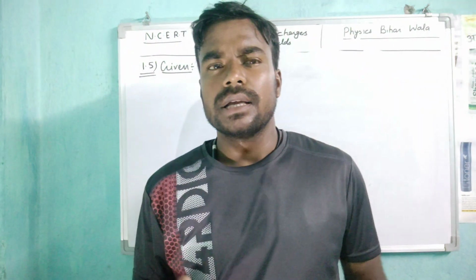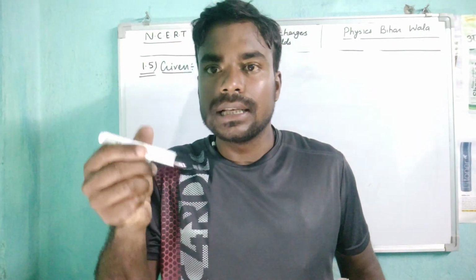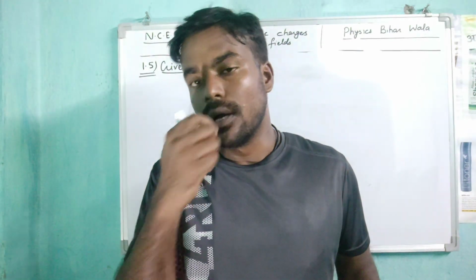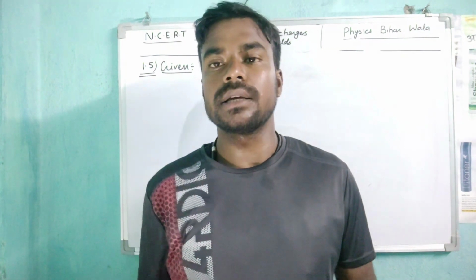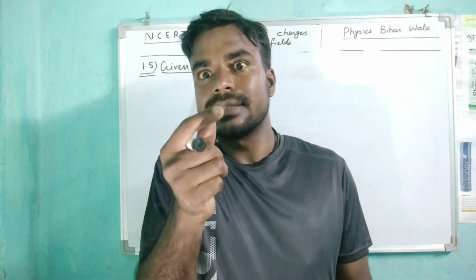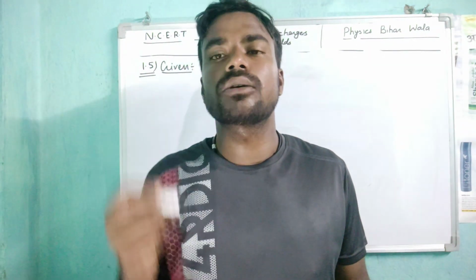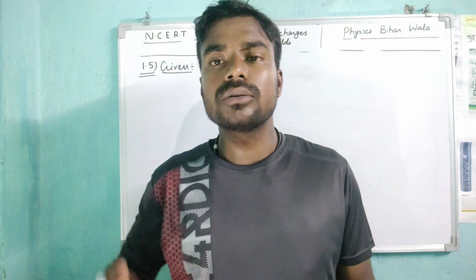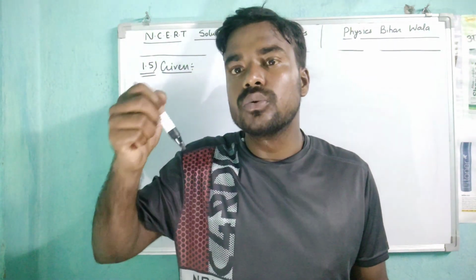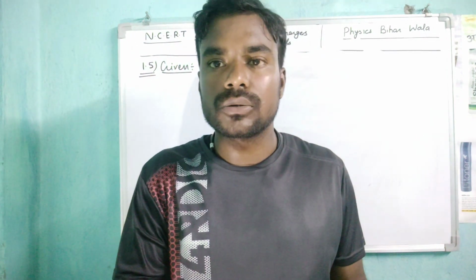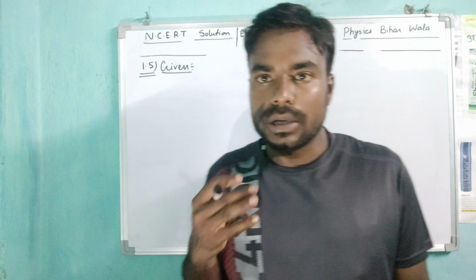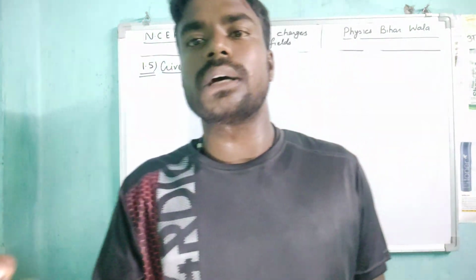See, जब दो ऑब्जेक्ट को like सिल्क के क्लॉथ को हम लोग ग्लास रड से जब रब करते हैं, so glass rod is going to be positive and silk cloth is going to be negative. Why? Because the rod is just losing the electron and cloth is just gaining the electron. It means one object is transferring the electron to the another object.